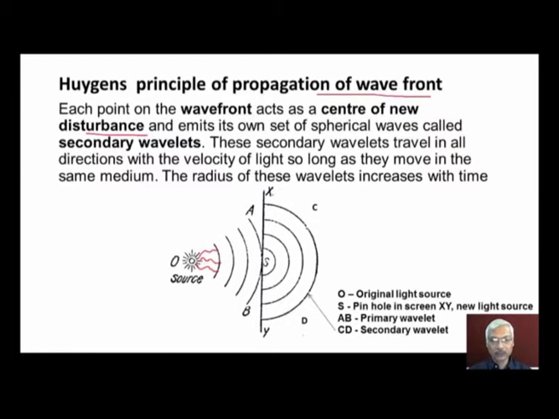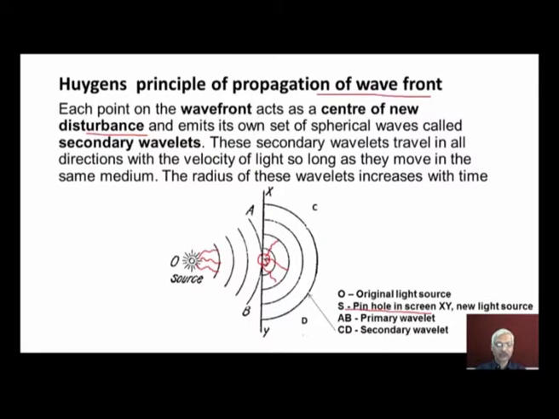Now if you keep a screen XY in this path of light with a small hole, S is the pinhole, so now the light will pass through this pinhole. So this pinhole becomes another source of light, and again we get light from this point S, and again we get the spherical wavefront.